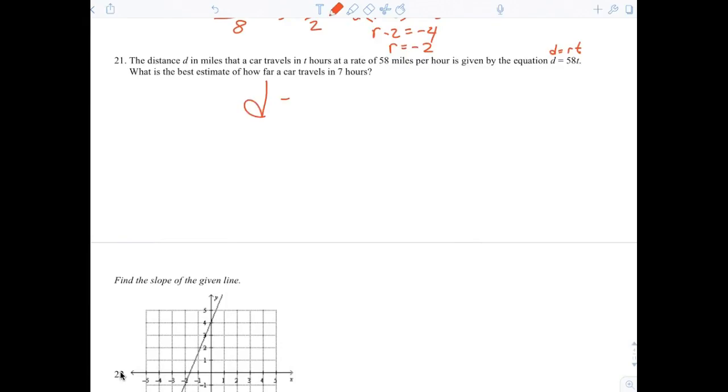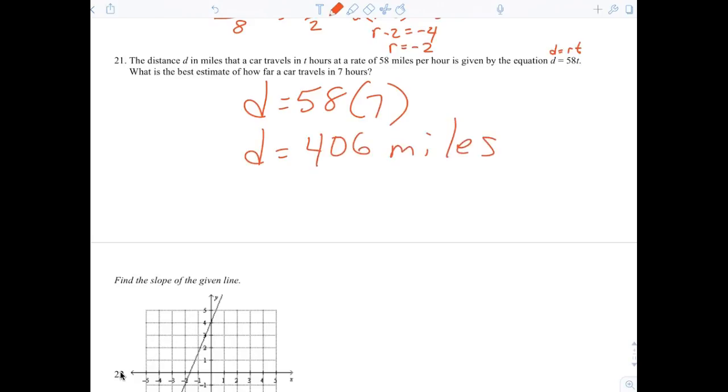So your distance is equal to just what? 58 times 7. Everybody okay with that? So your distance traveled, 350 plus 56, 406 miles. Everybody feeling pretty good about that, right? Yeah, that's not that hard.